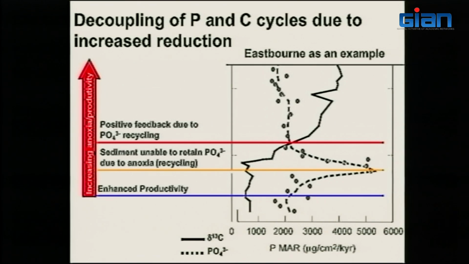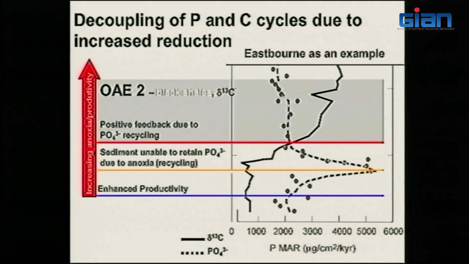So, in fact, what you have is a recycling of phosphorus. So phosphorus will be released again into the water mass, and it's a positive feedback which will sustain the productivity for a while. And this productivity, you can see here, as you sustain this productivity and you create this plateau here, because you recycle phosphorus and you boost again and again the productivity.